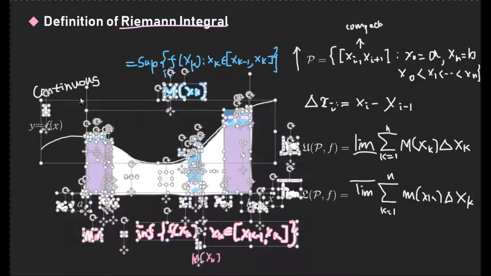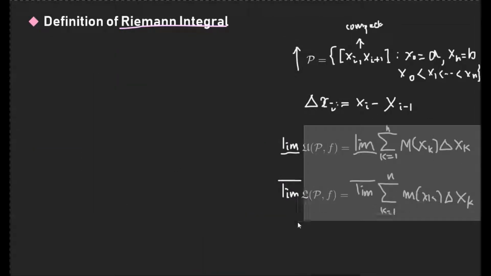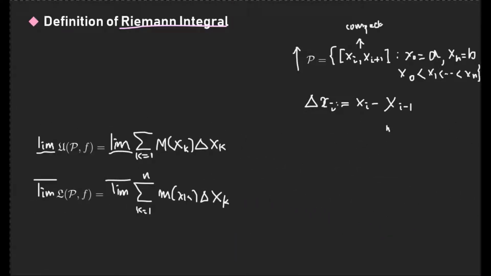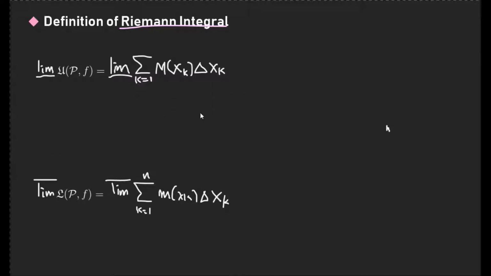Then we can remark on these two values. First, some authors define the infimum of the upper sum U(P, f), and this value is defined as the upper integral from a to b of f(x) dx.